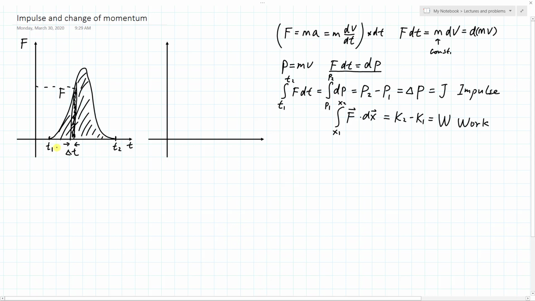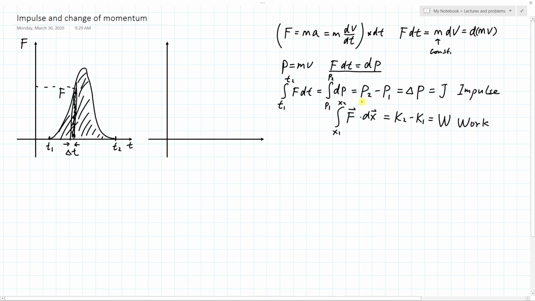And for some reason, we also know the total area, because the force times the duration is equal to the change of momentum. So what do we already know? The change of momentum. Say we start from zero momentum and then we end up with some non-zero velocity, so we have a non-zero momentum. So we can calculate the difference between the two.